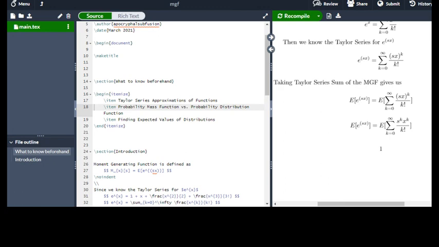It's a leap, but that's the final step to figuring out why the moment generating function actually works.